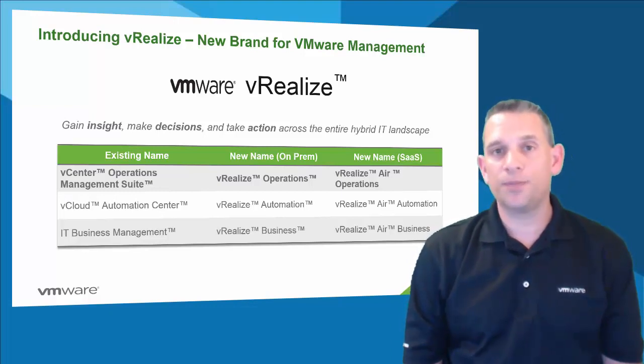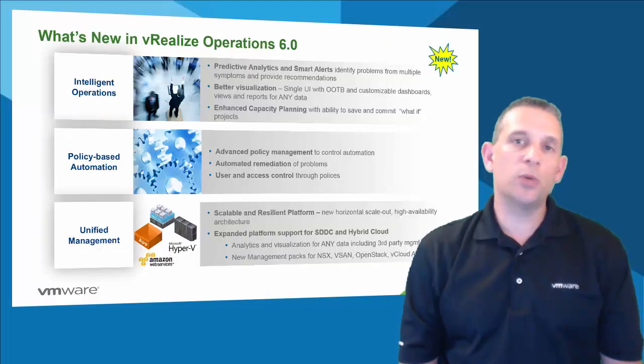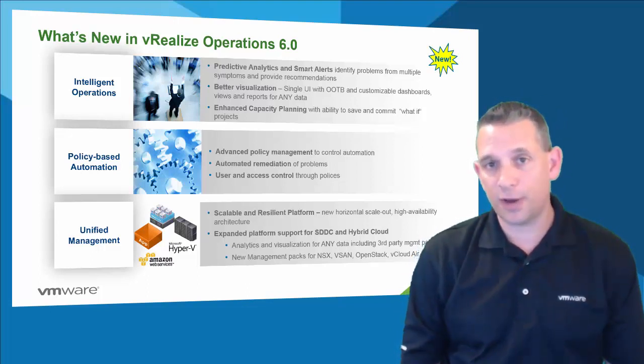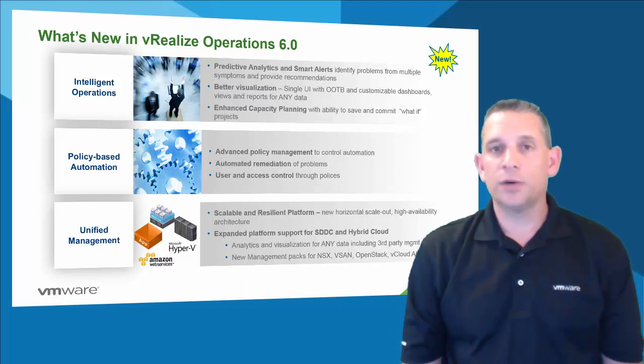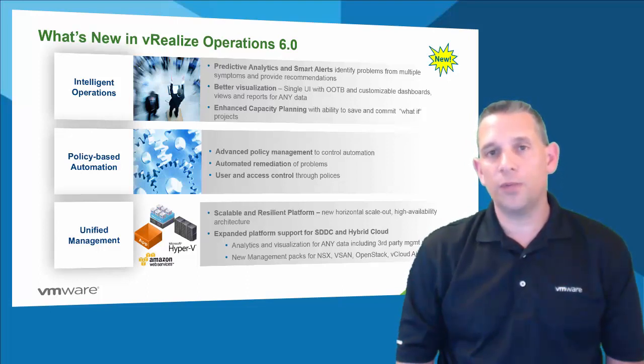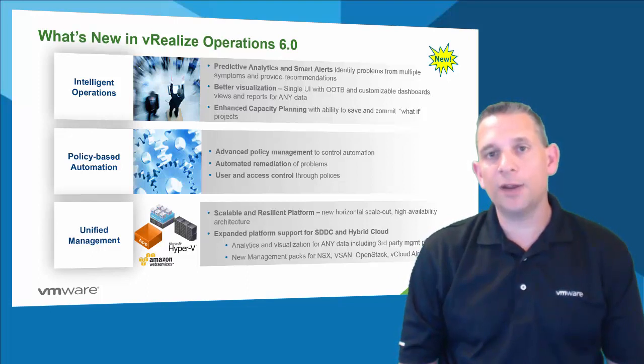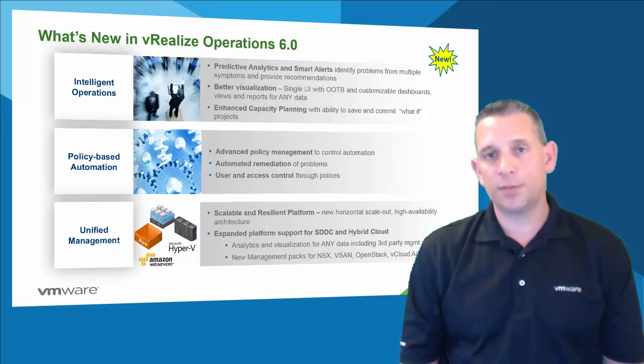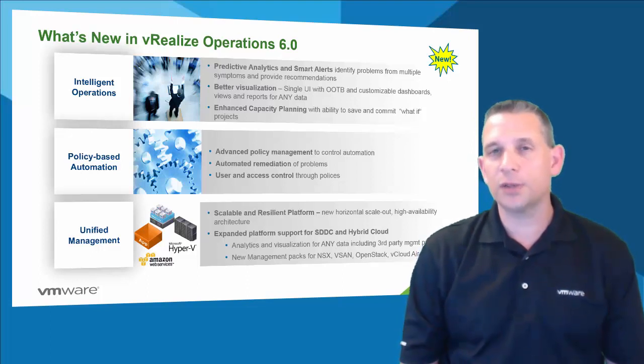So hopefully that's helpful. So let's talk about what's new in vRealize Operations 6 in comparison to the vCenter Operations 5.x versions. So first off, in Operations 6, we've made a lot of improvements to our analytics. Our analytics are much more intelligent and they're also predictive comparatively to previous versions. Now, we've also tied in our smart alerts with them to where the smart alerts are not just against a single object or a single symptom.